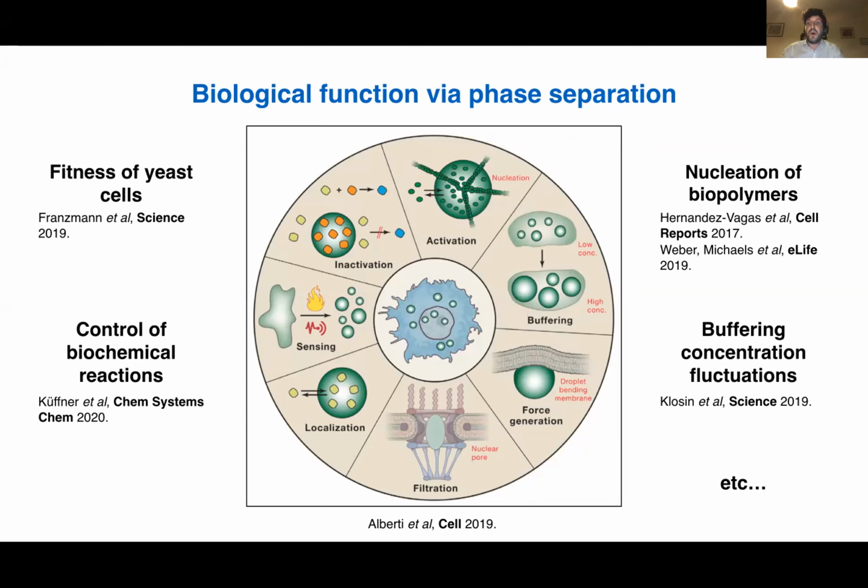For example, a very beautiful one is this idea of buffering concentration fluctuations due to the fact that if you have varying levels of a certain protein that phase separates, the concentration in the phase separated compartment is constant, and so different levels of the protein are going to translate into smaller or larger condensates. So this is a way, for example, of buffering fluctuations.